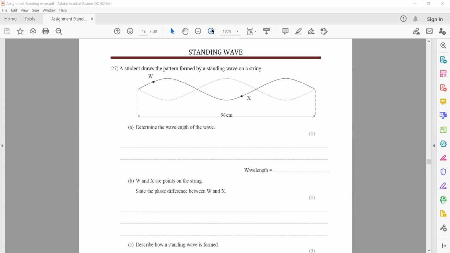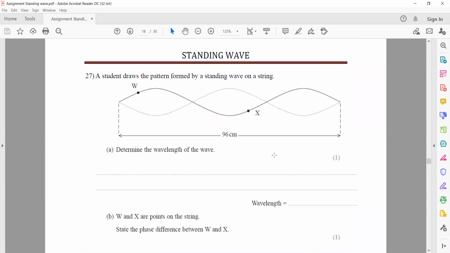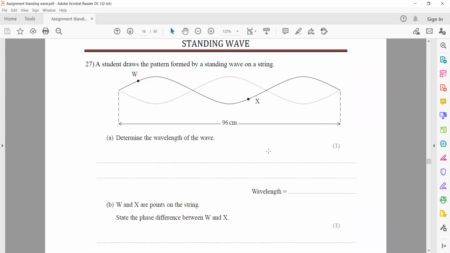In question 27, the student draws the pattern formed by a standing wave in a string. Determine the wavelength. So how can we determine the wavelength? This one is node, node, node, and node, so there are 4 nodes. We know 3 successive nodes are lambda, and 2 successive nodes are lambda by 2.